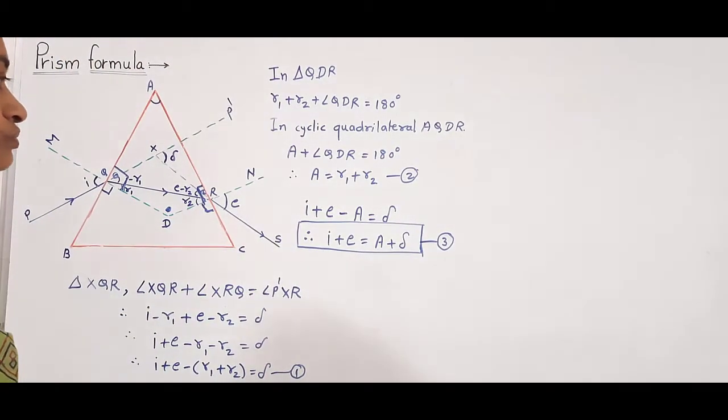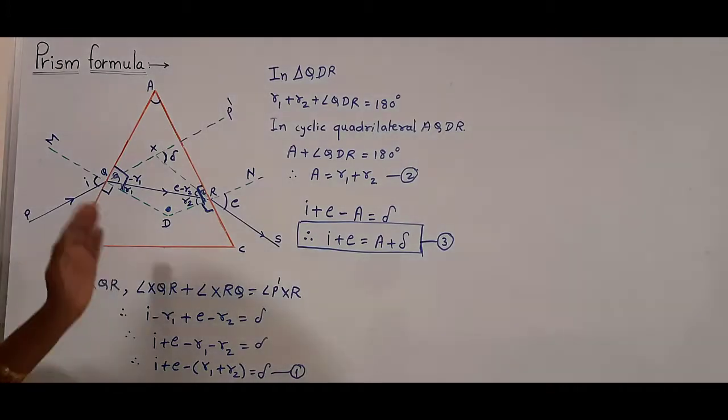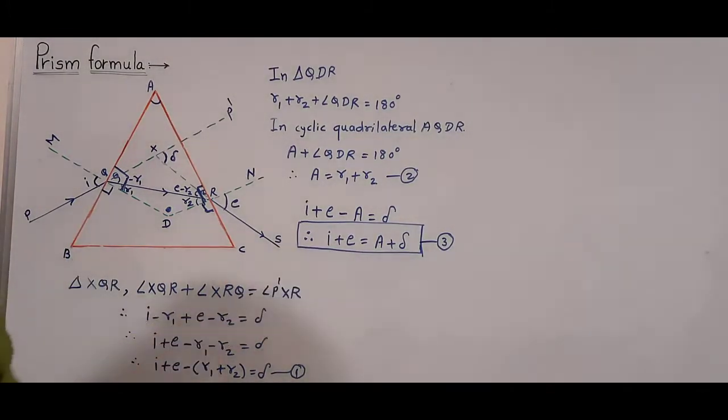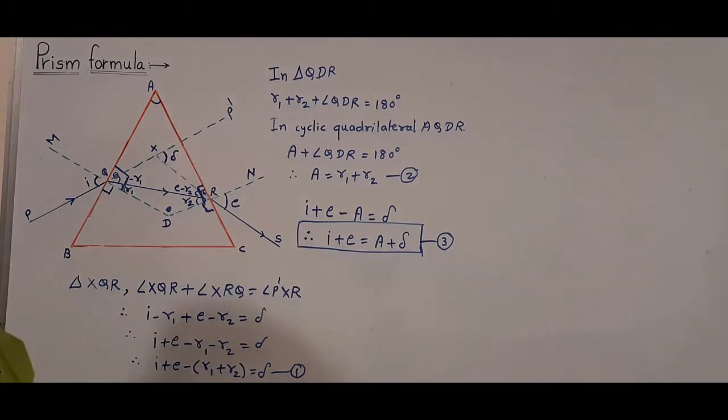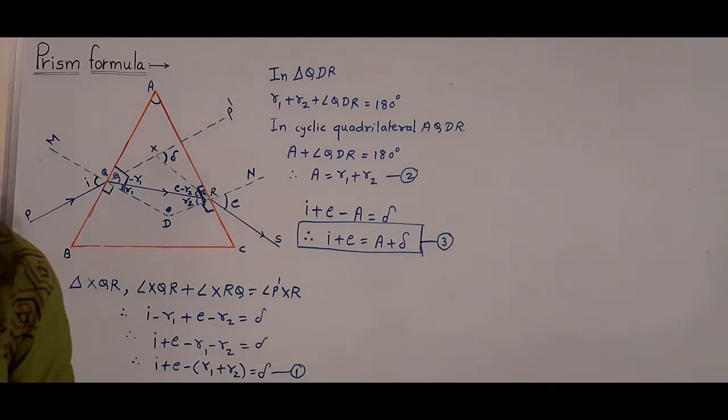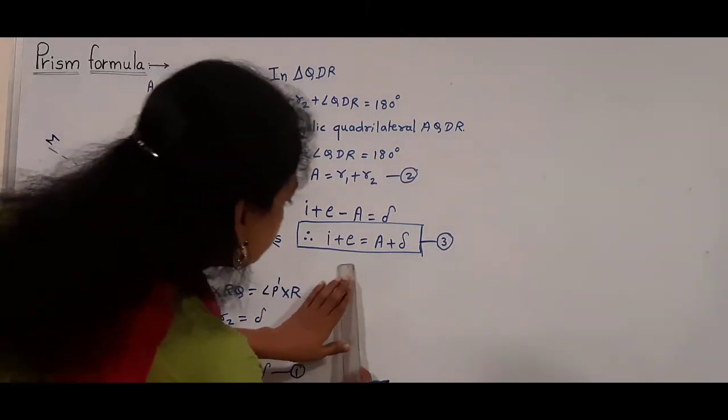Now, as I is increased, what happens? Delta decreases at first, and as we go on increasing the angle of incidence, the angle of deviation goes on increasing. Now see, if we plot the graph, what will we observe here?